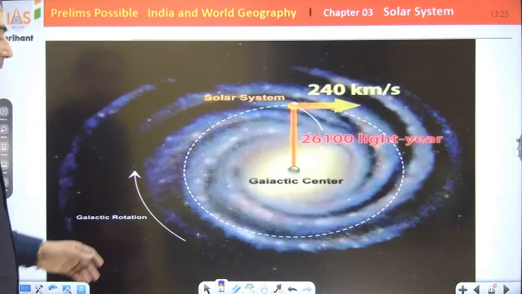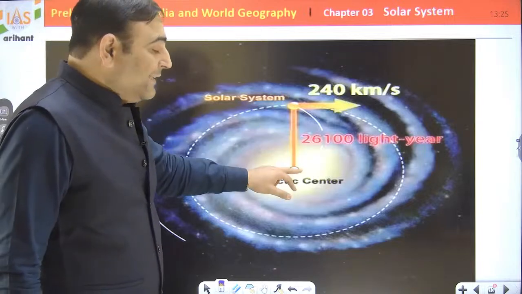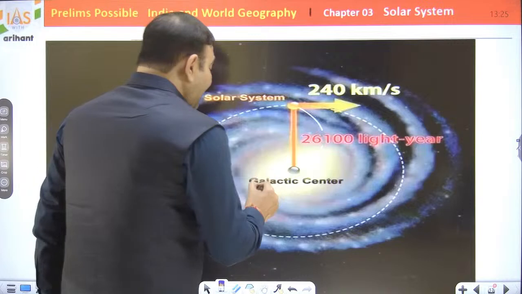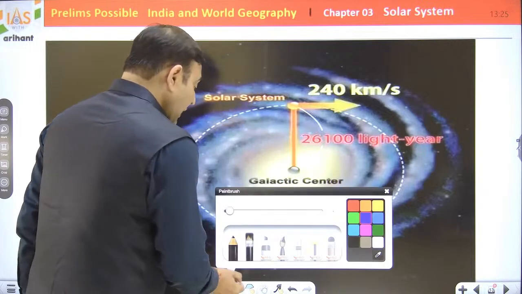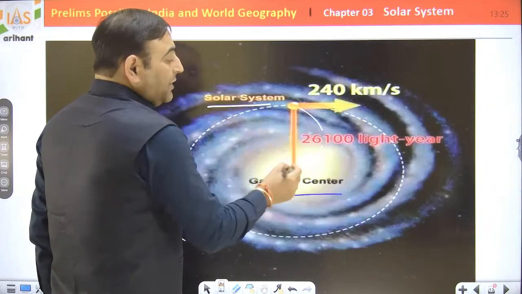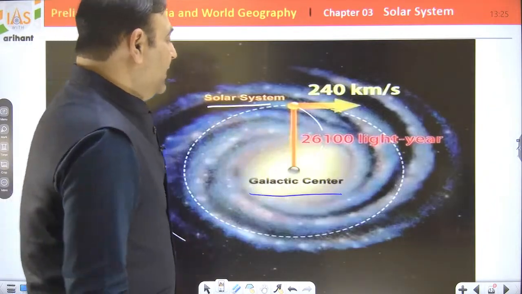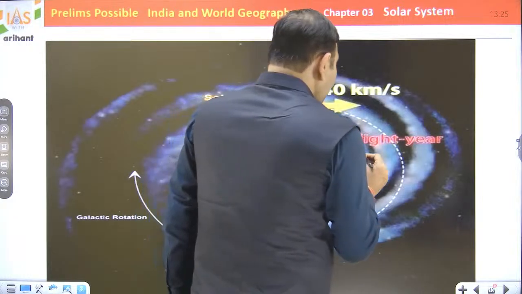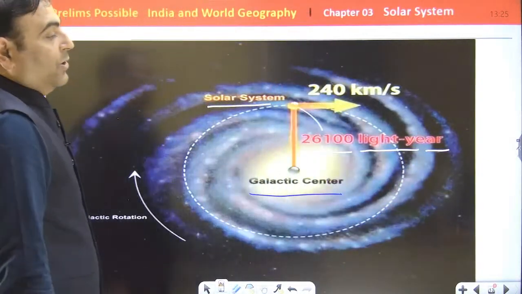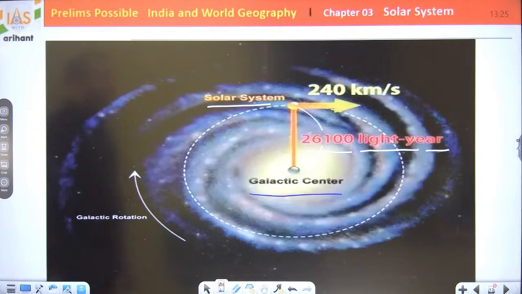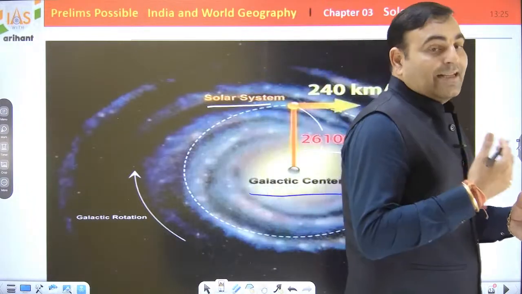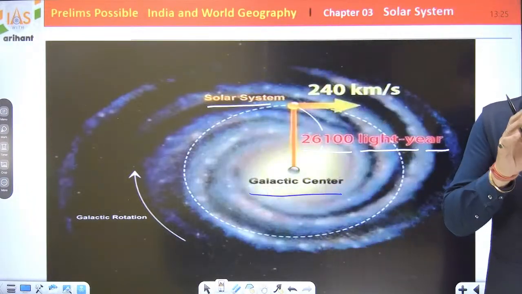The distance of the solar system from the galactic center is approximately 26,100 light years. Clear? It's approximately 26,000 light years, we can say in an easy way.